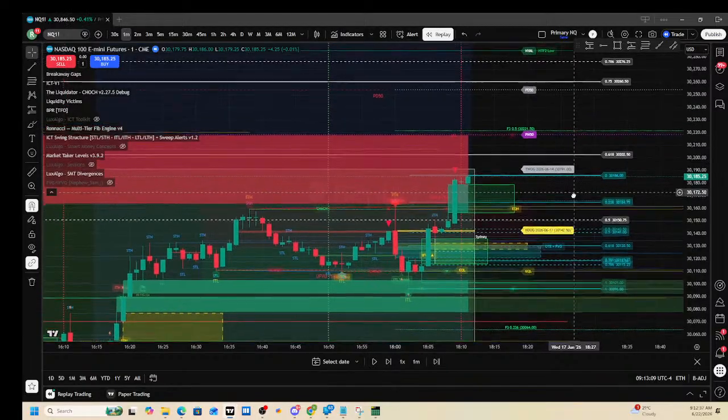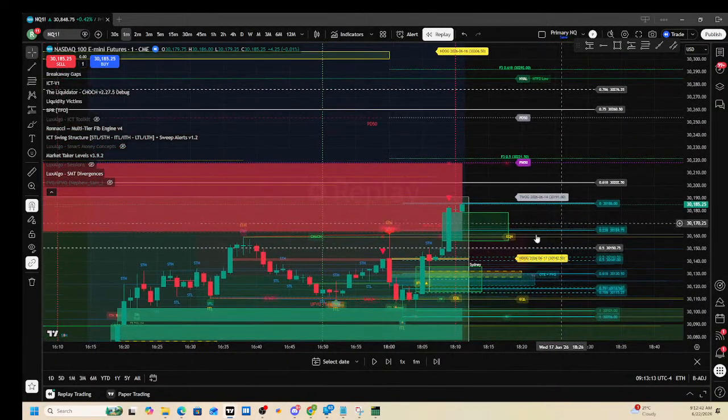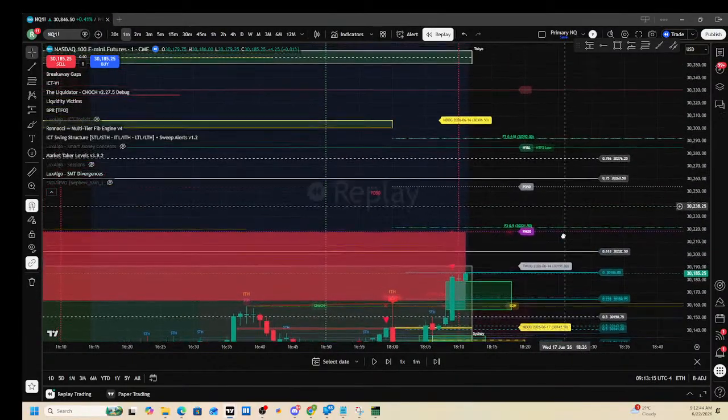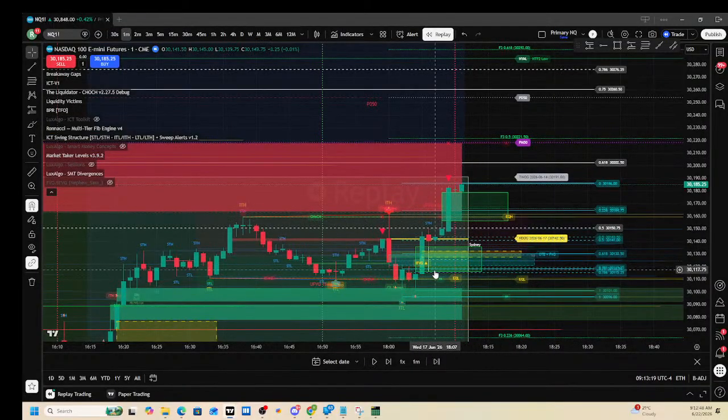So now we are in discount. All right, so if we're in discount, it should have been right. So if we're in discount, all the more reason for this to reject here, to go back up, and that should invalidate this here.